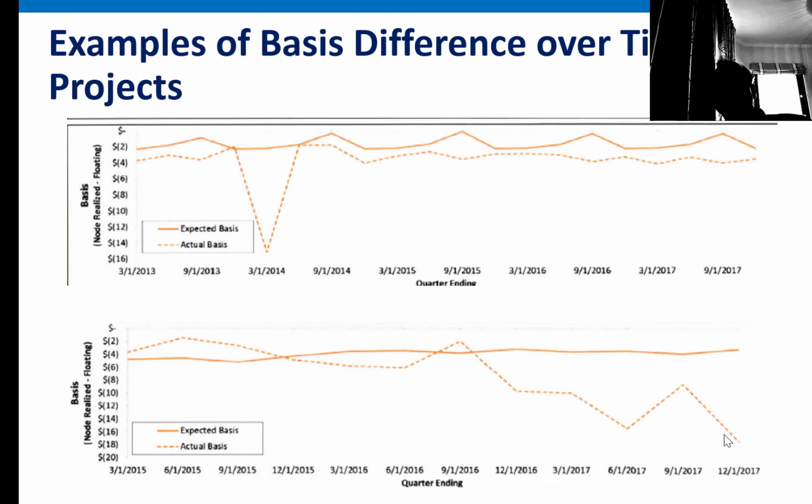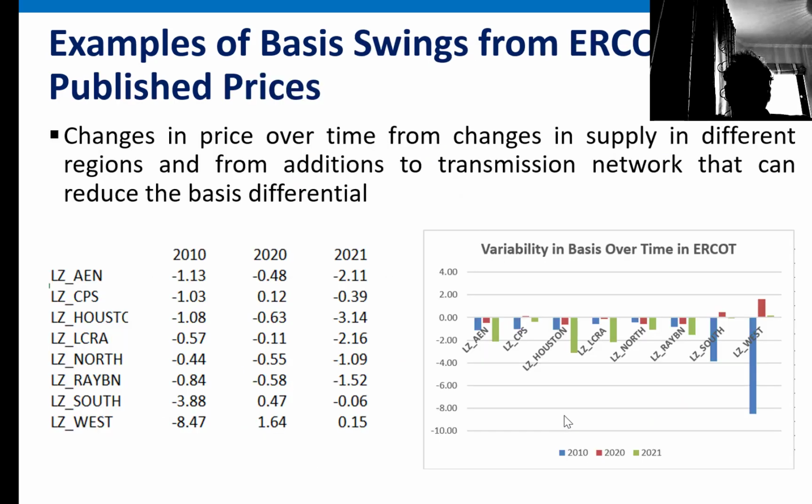You've got to take this basis risk. The hub is where everything is going to be traded, but you actually sell power here, and you can't hedge this difference. And that's an example of what can happen.